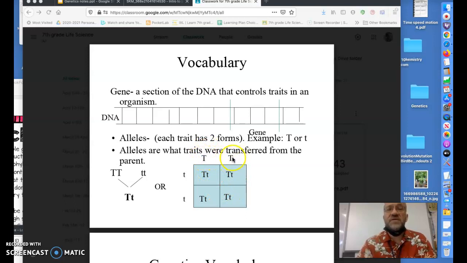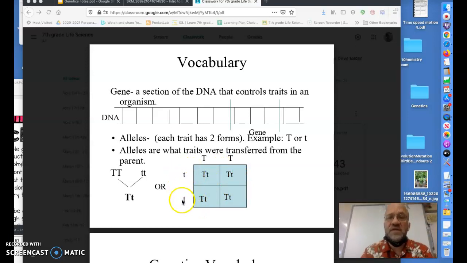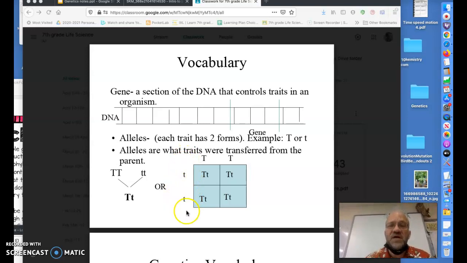Here is one of your parents up here, one of your parents down here, and you match those and put them together in the boxes. And here what you would have is one parent, if they had two small recessive alleles for being short instead of tall, they would be short.